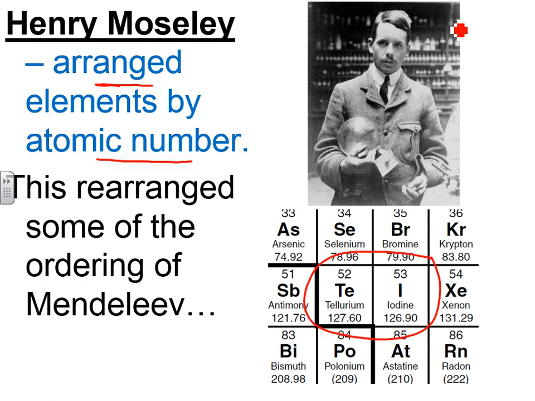If you take a look, tellurium has a mass of 127, and iodine has a mass less than that. And this actually occurs on the periodic table a few times, and so he flipped some of these elements that Mendeleev just arranged in order of atomic masses. So that was the difference, and this caused the ordering to be rearranged just a little bit.